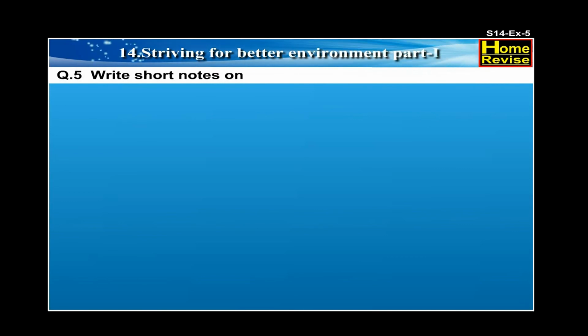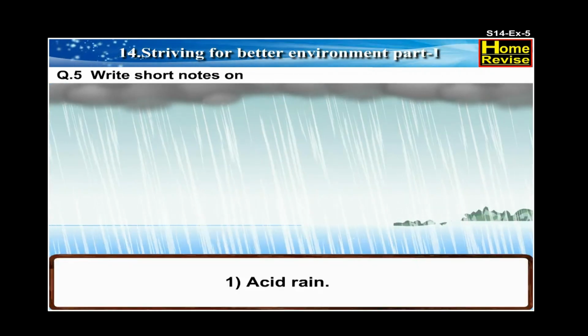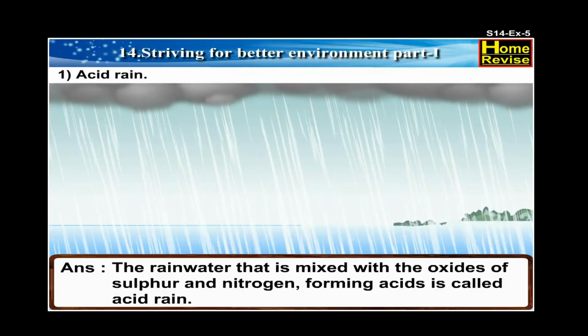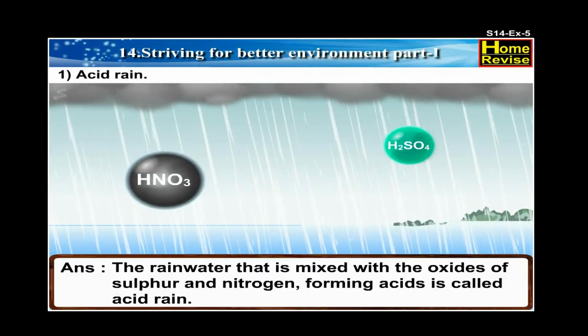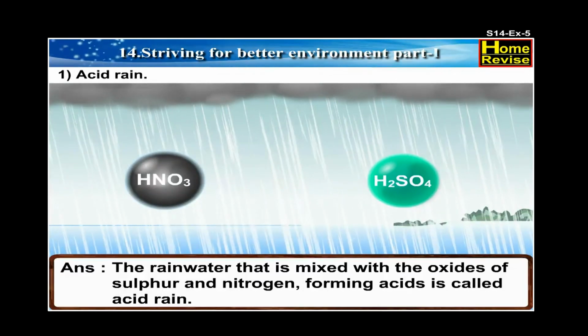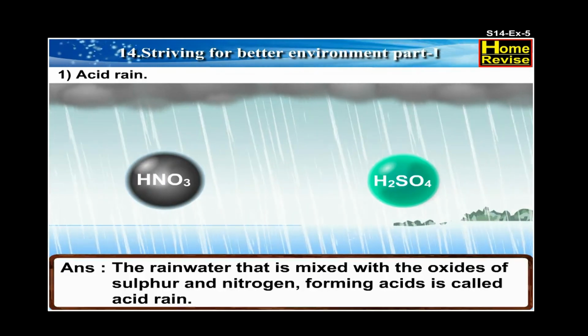Question 5. Write short notes on 1. Acid rain. Answer. The rainwater that is mixed with the oxides of sulfur and nitrogen forming acids is called acid rain.